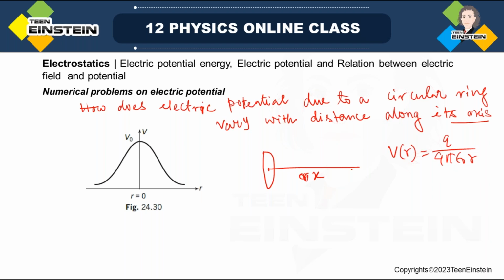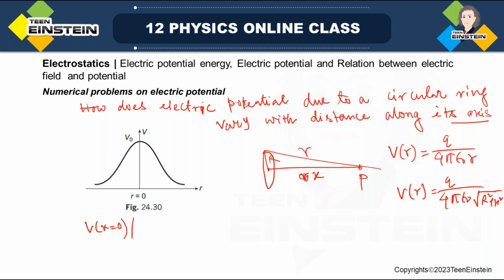Let us say this is distance x to point P, this is r, this is capital R. So V of x is equal to Q by 4 pi epsilon naught square root of R square plus x square. Now on the axis, when the distance is changing, suppose this x is 0. That means, what is the potential at the center?